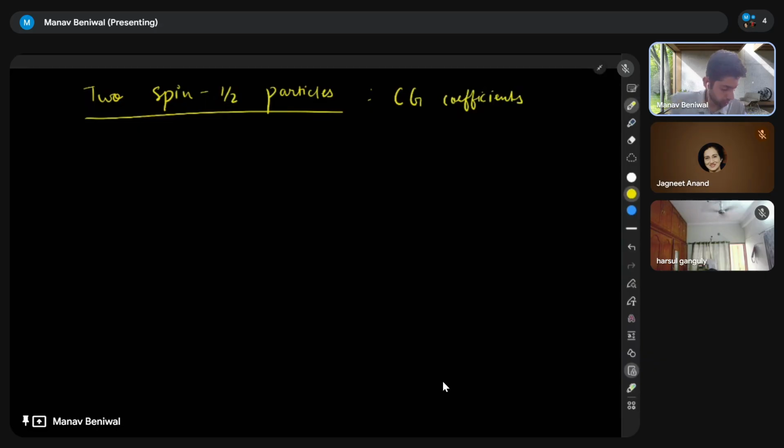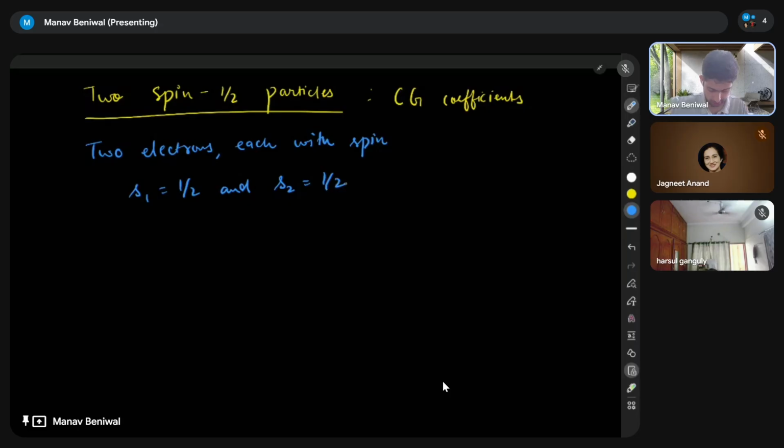Because we have two spin half particles, let's consider two electrons, each with spin S1 as 1 by 2 and S2 as 1 by 2. We'll be talking just about the spin angular momentum.